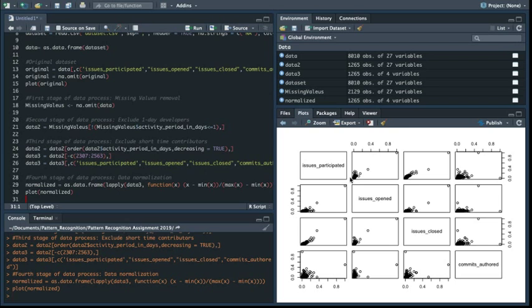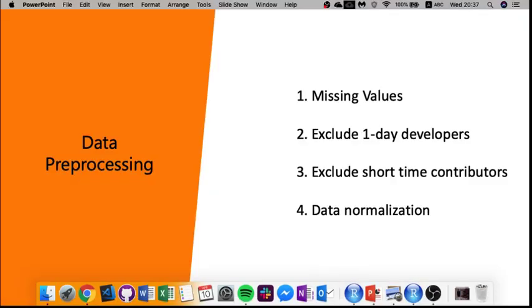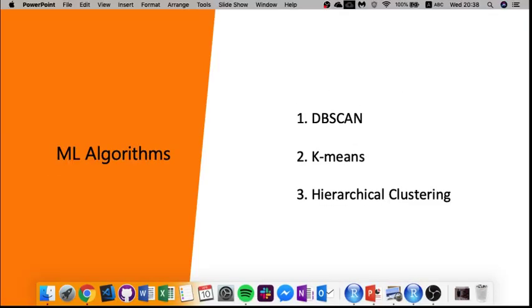So now we can go back to our presentation and see the algorithms that we are going to perform in order to classify our engineers. They are 3 algorithms. All of them are clustering algorithms, and they are dbScan, k-means, and hierarchical clustering.